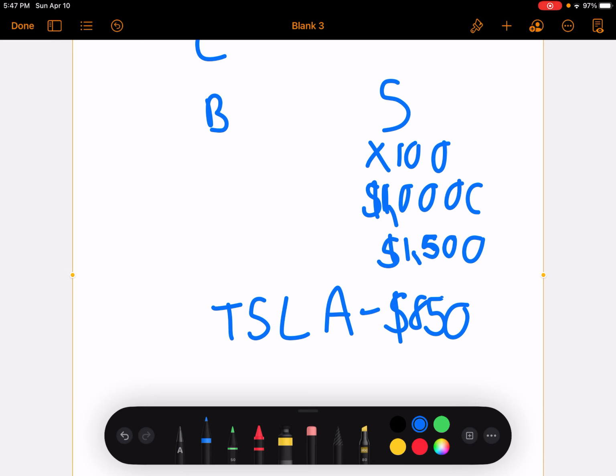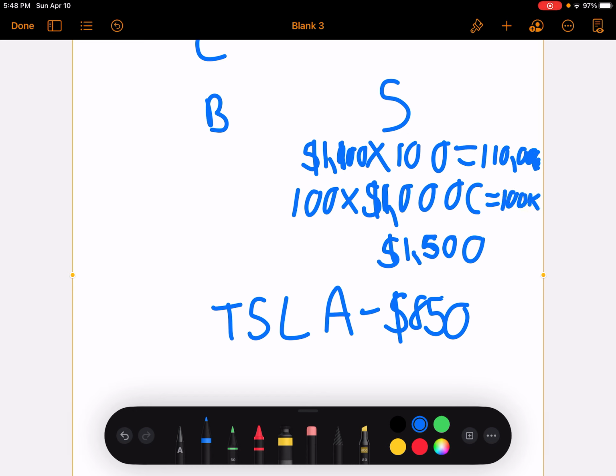Let's say it closes on Friday and Tesla shares are worth $1,100. Just do the math: 1,100 times 100 is going to be $110,000, and then 100 times 1,000 is equal to 100,000.